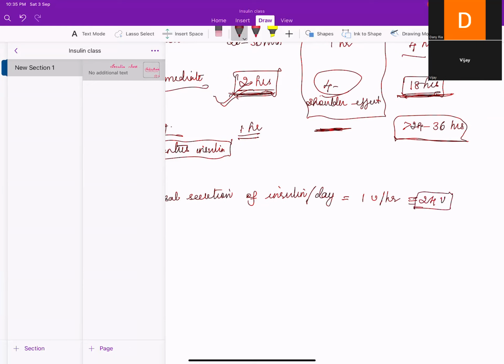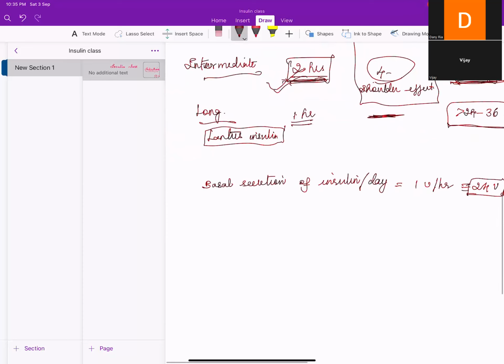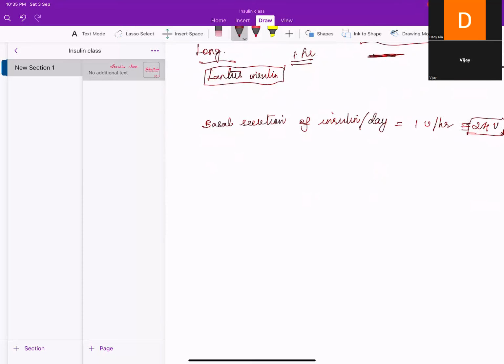Even if you don't take any meal, your body will be producing insulin at 1 unit per hour. That is 24 units per day. This is the normal insulin produced by an individual. If an individual produces more than this, it is abnormal. So this basal concept brings another concept called bolus secretion.